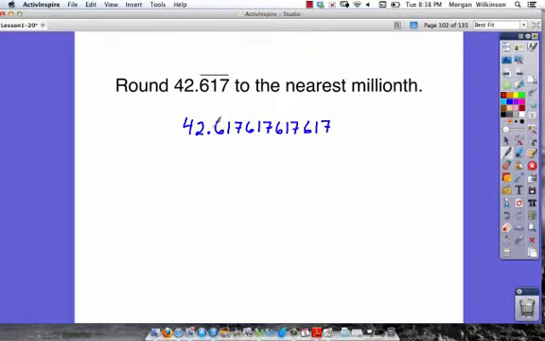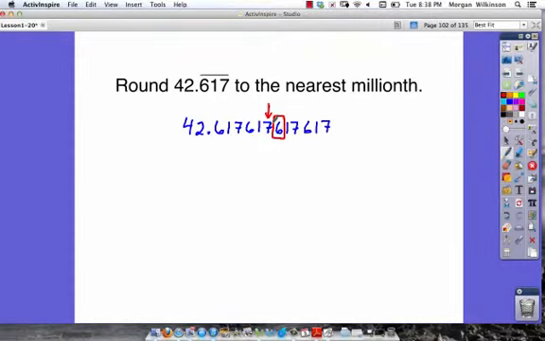Let's review place value. We have our tens and our ones. Then we have our tenths, hundredths, thousandths, 10,000ths, 100,000ths, and millionths. So we want to round to the nearest millionth. In order to round to this number, we've got to look at the number after it. If it's 5 or bigger, our number rounds up.